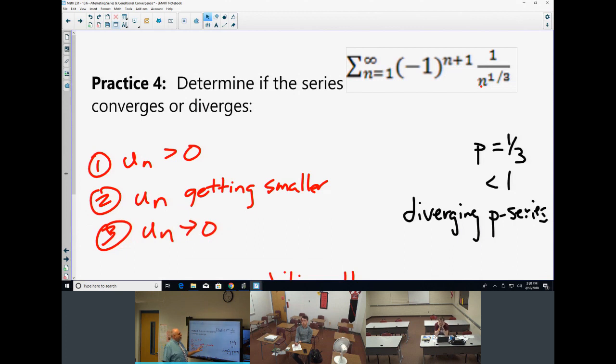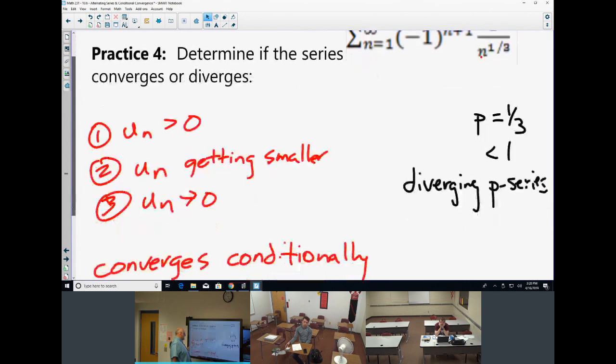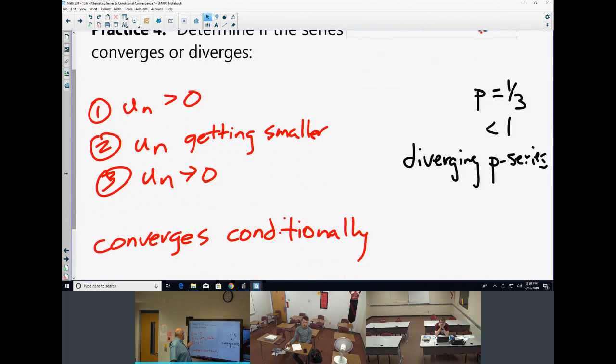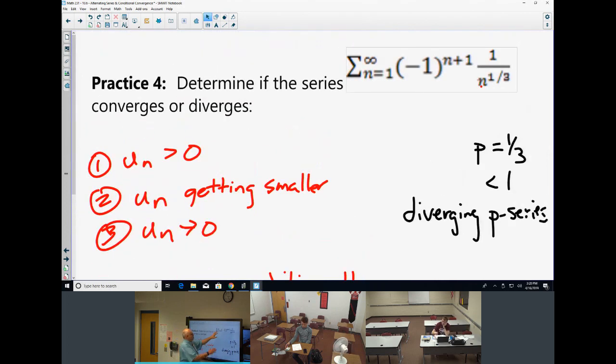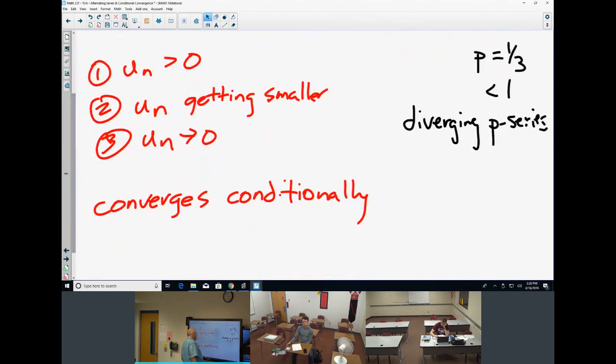This means that from the alternating series test, this series converges. But when we did the absolute value, when we did away with this and just tried this, it diverged. So this converges conditionally. It converged, but not absolutely.